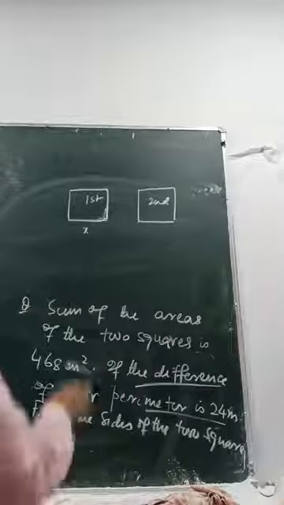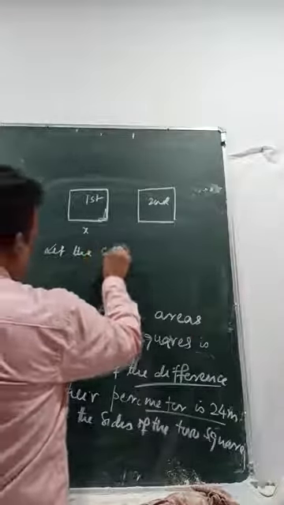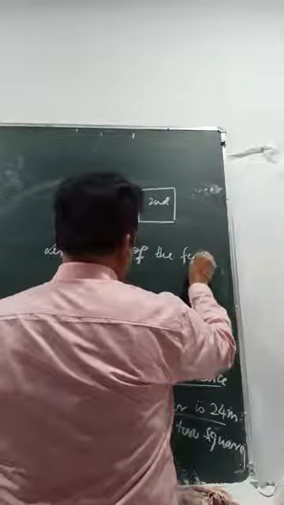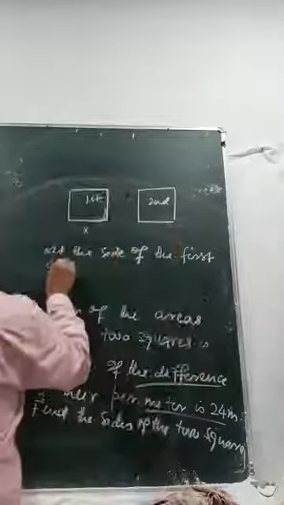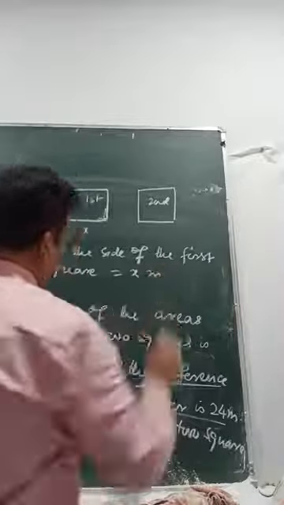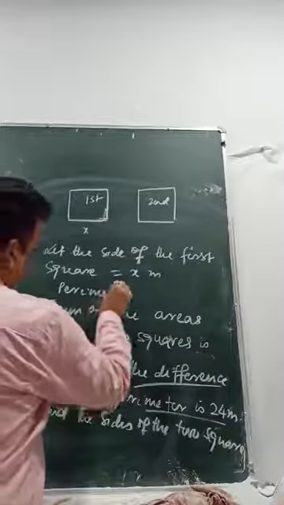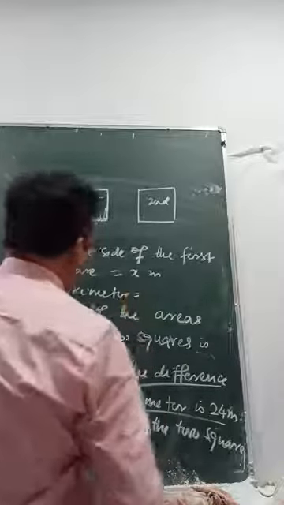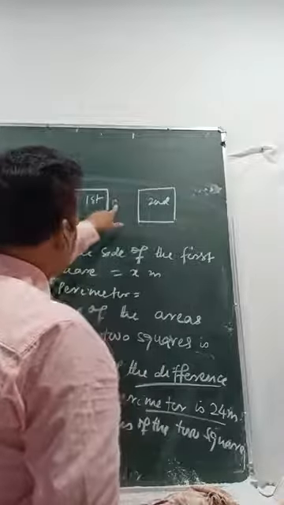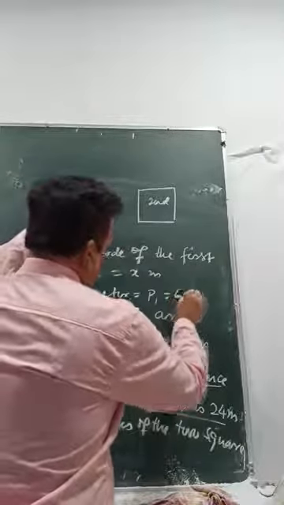So let the side of the first square be x meter. Then perimeter will be how much? Perimeter is four sides because equal sides, x plus x plus x plus x. That will be P1, suppose 4x.